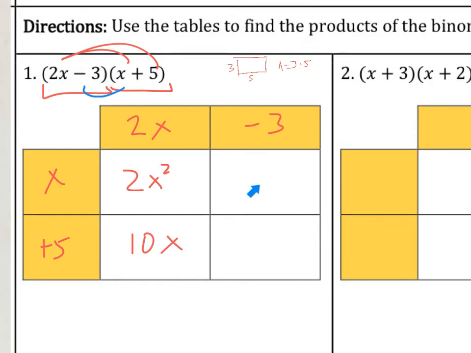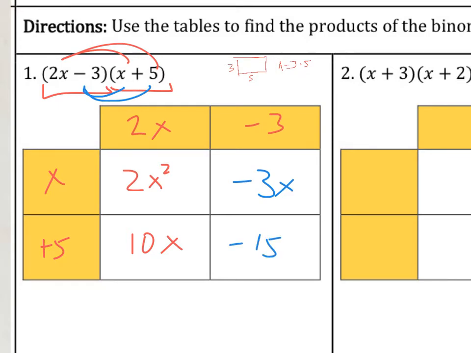This little box here is lined up with the negative 3 and the x, like an area model. Negative 3x, kind of like a multiplication chart, I guess you can think of this. The next one, negative 3 times 5, that's negative 15.